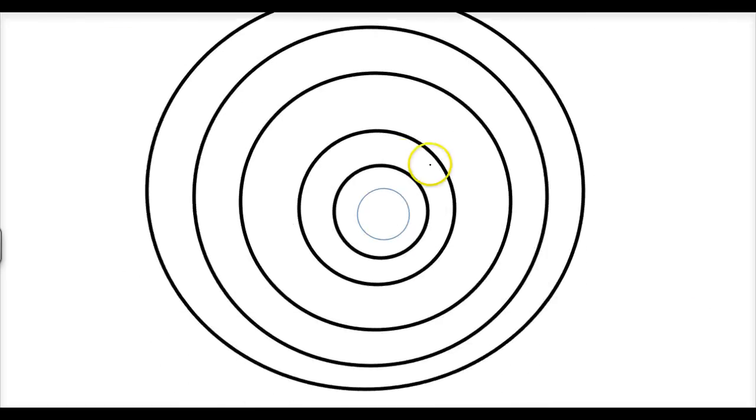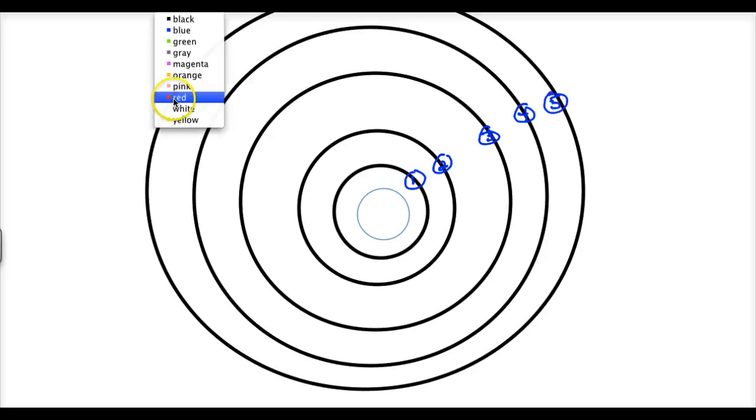So if this is 1, let's just do it this way: this is 1, 2, 3, 4, and 5. The red line, as I have been drawing many times, goes from the 3 back to the 2. Boom, there's the arrow. And that's the red line.